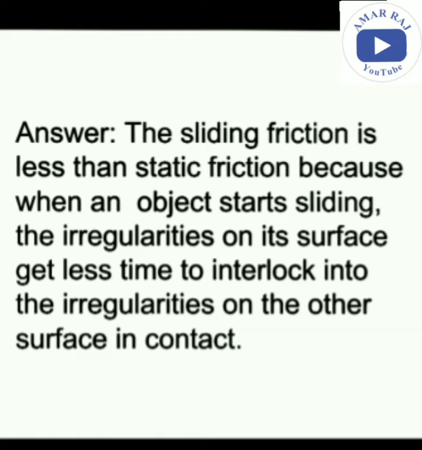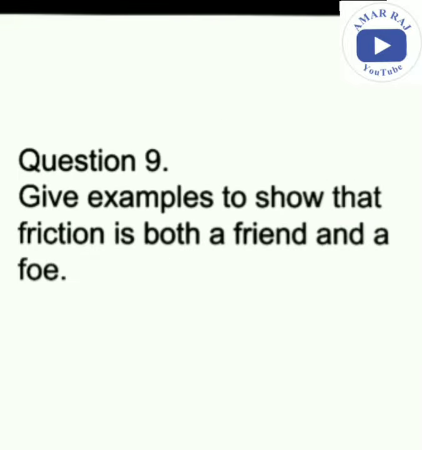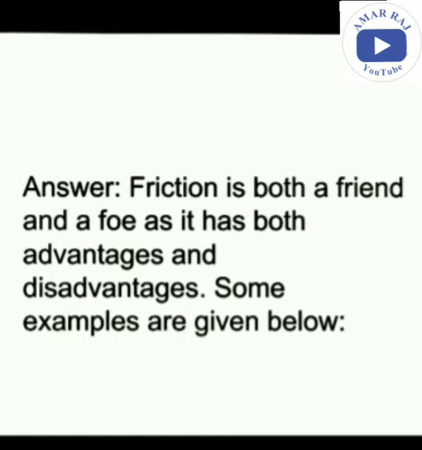So students, this was the explanation why sliding friction is less than static friction. Now see question number 9. Give examples to show that friction is both a friend and a foe. Friend means it is good for us and foe means it is bad for us. So let us see.